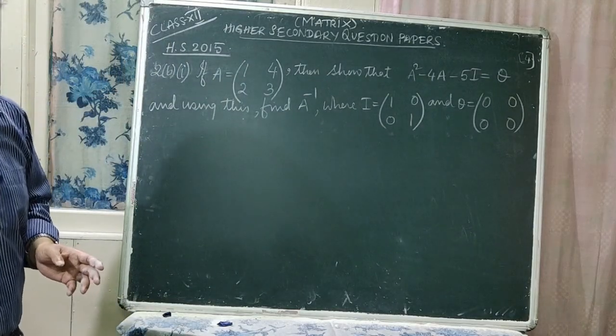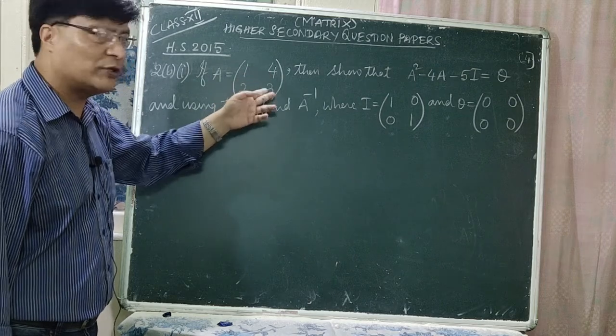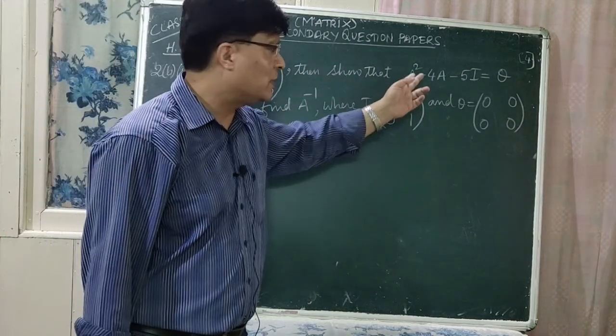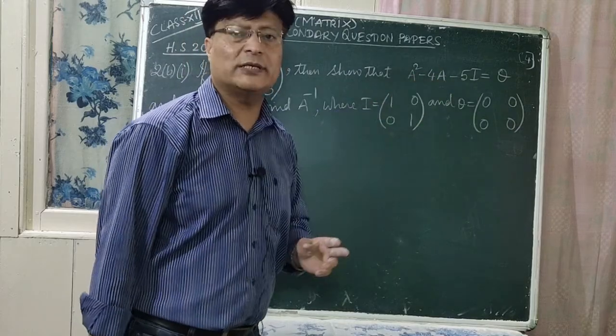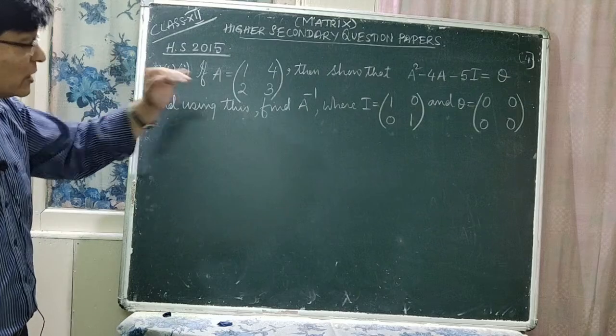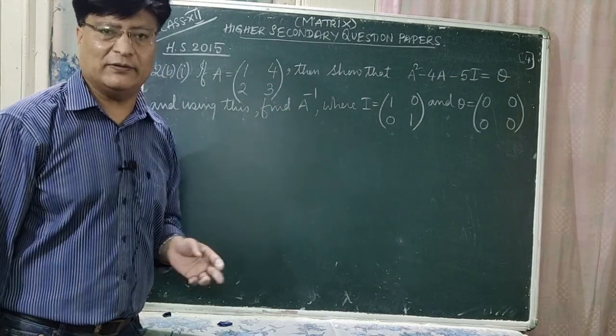Is the question understood? Now here matrix A is given, that is 1, 4, 2, 3, a square order matrix. You have to show the relation A squared minus 4A minus 5I is equal to theta. So let us show this relation first, and using this relation you have to find out the matrix A inverse.